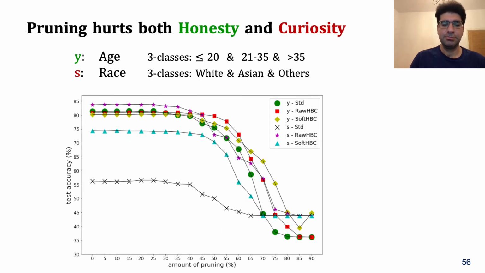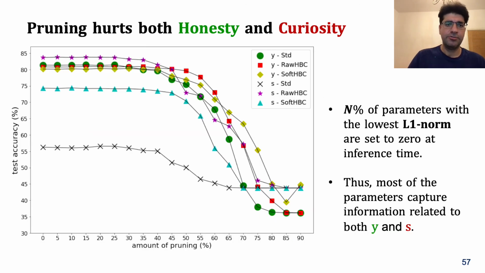In the last experiment, we used a pruning approach to see if an HPC model captures information about target and sensitive attributes in different parameters. We measure the model's accuracy for the target and sensitive attributes when we are pruning from 5 to 90% of the model's parameters.